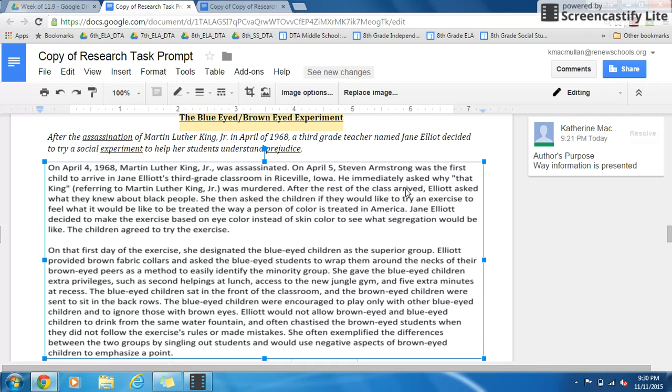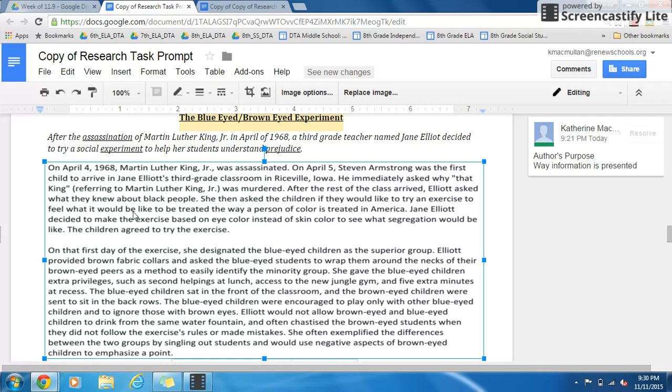After the rest of the class arrived, Elliott asked what they knew about Black people. She then asked the children if they would like to try an exercise to feel what it would be like to be treated the way a person of color is treated in America. Jane Elliott decided to make the exercise based on eye color instead of skin color, to see what segregation would be like. The children agreed to try the exercise.